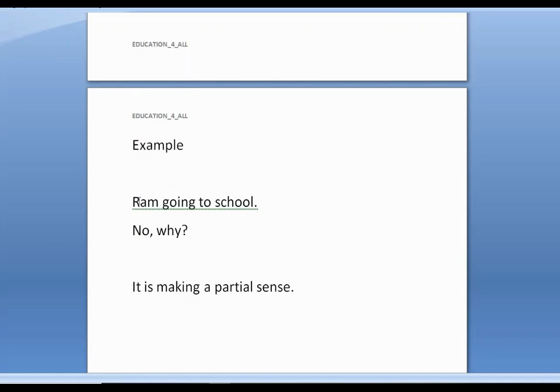Let's see how. Here, Ram going to school. We can say Ram going to school, but we don't know when Ram is going. He could be going in the past, in the present, or in the future. So, it is making a partial sense. That means it is an incorrect sentence. I hope you understood that.